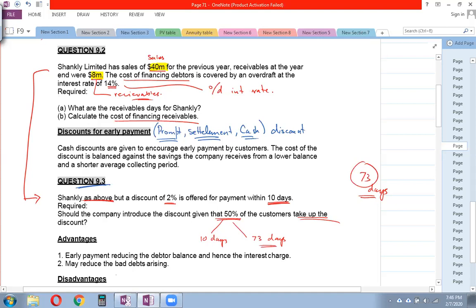So what should we do now? Should the company introduce the discount? What do you think? Should the company introduce the discount or not? Okay, never give sweeping statements. I told you before as well. You have to do the measurement first. Yes, let's calculate it first, right?